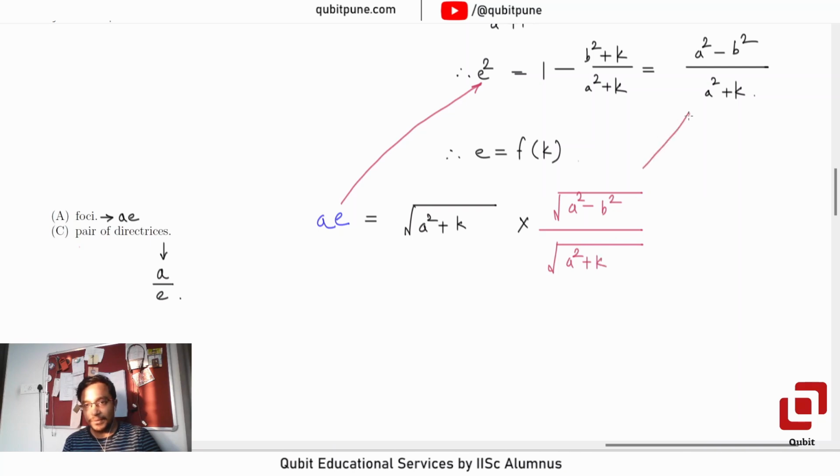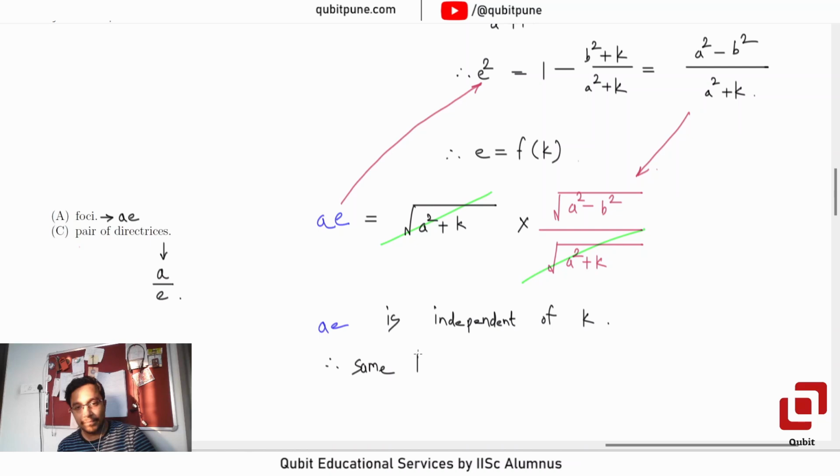This ratio cancels root a squared plus k, and then you realize that ae is independent of k, right? What does it mean? It means same foci. The foci will be same.